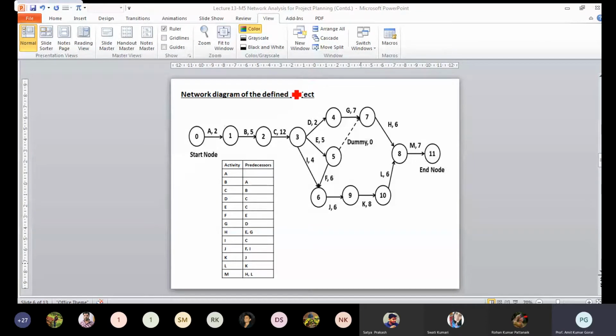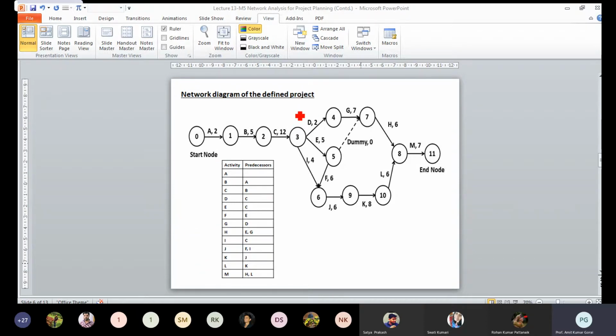So you can see the D activity: immediately after completion of C, the D activity can be started. C is also the predecessor of activity E, and also of activity I, which I will see later on.